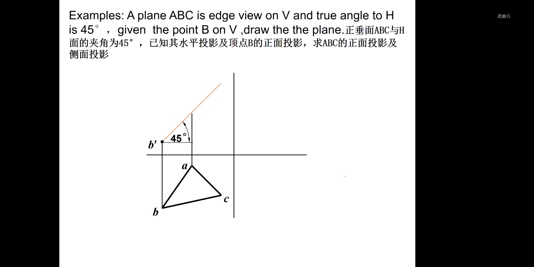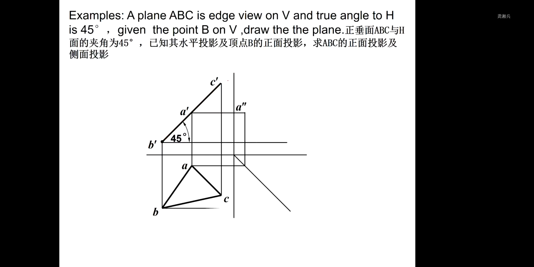I'll show you. You extend it, because all the points on the plane should be on the line. So there you can get C. This 45 helps you find the direction of this line, so all the points should be located in this direction. So you use the happy line there, and you can get another.